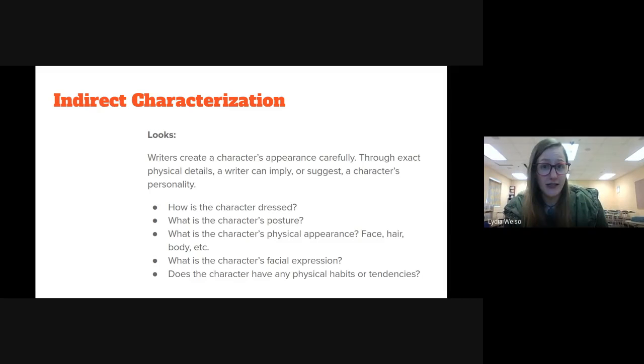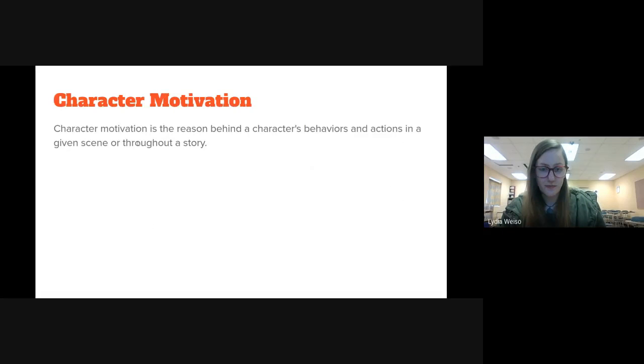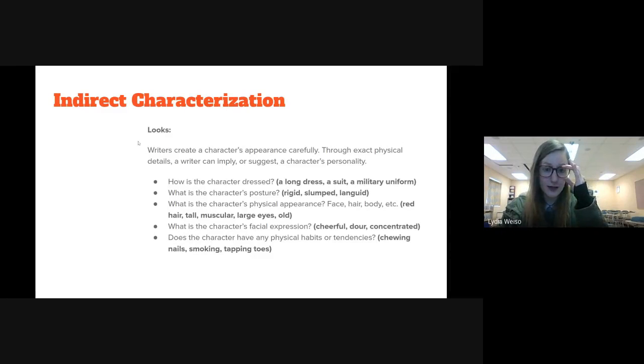Because humans are complex, right? And a well-written character will also be very complex. So I wanted to give you some examples. When we talk about how the character is dressed, again, is it yoga pants? Is it a military uniform? Is it a suit? Their posture, different words obviously are going to have different connotations.